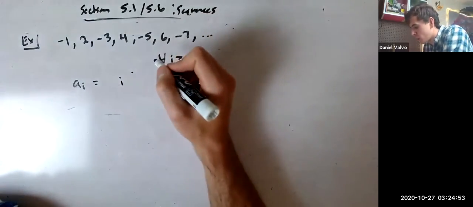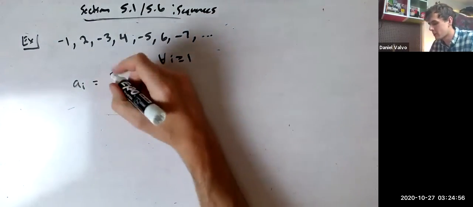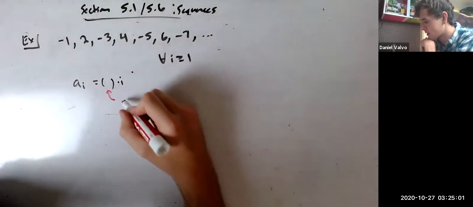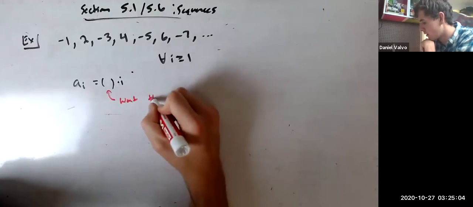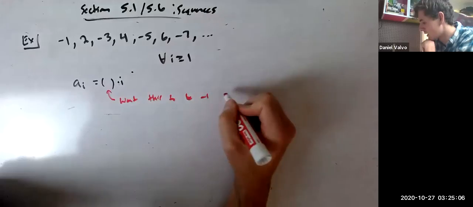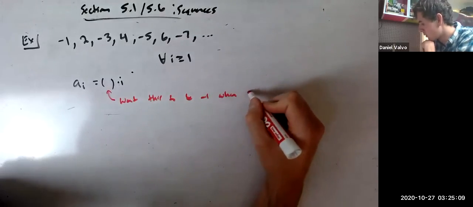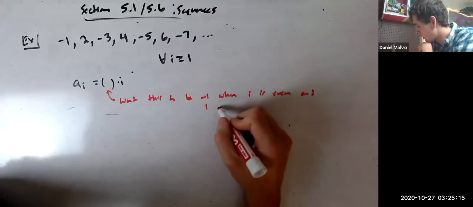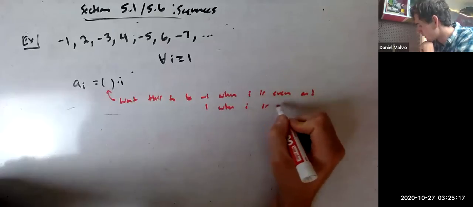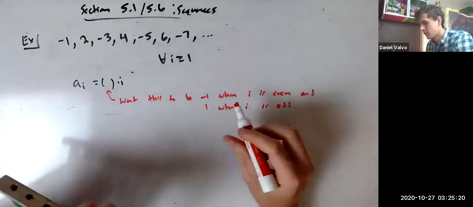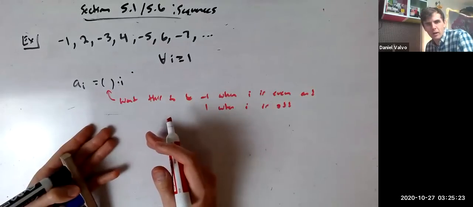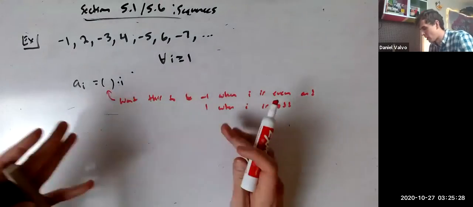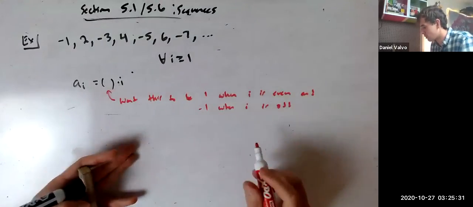Well, so what do we really want to do? We want to multiply this by something. And this something, we want it to be 1 when i is even and -1 when i is odd.